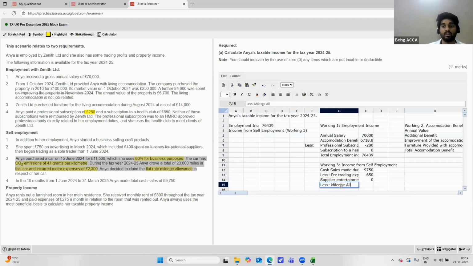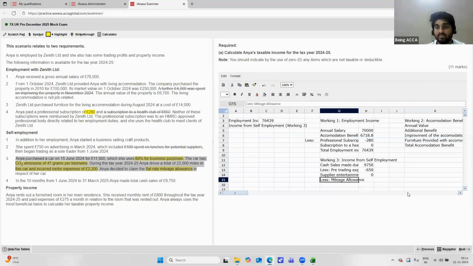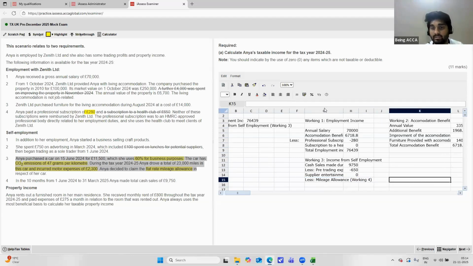How do you calculate the mileage allowance? First, you can show this also as a separate working. You can show it as a working 4 in which you will be calculating mileage allowance.